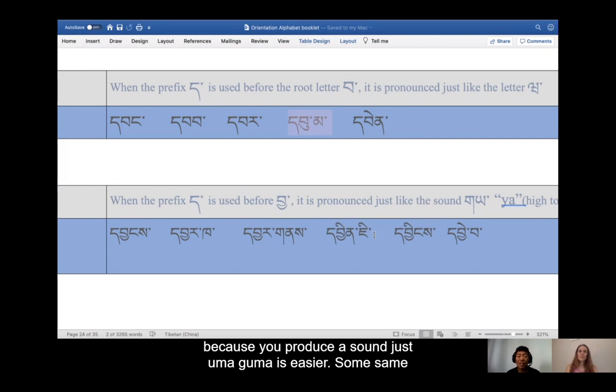Just Uma is easier. So same here, you can also say Inchi. If it's difficult to say Inchi, you can just produce the sound of the last consonant from the alphabet. So you can say Inchi.